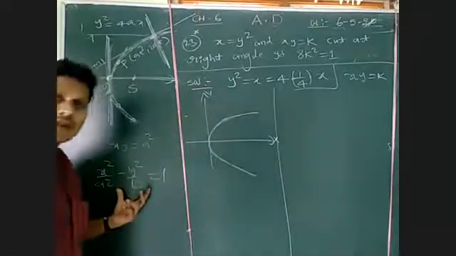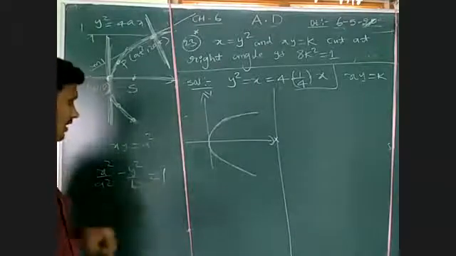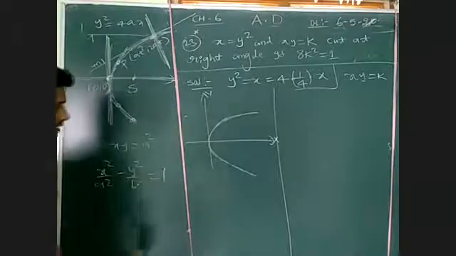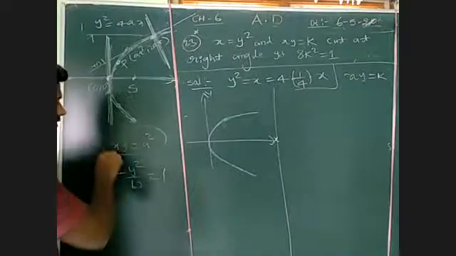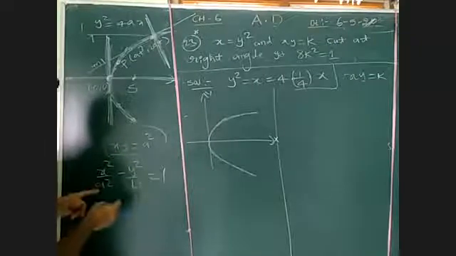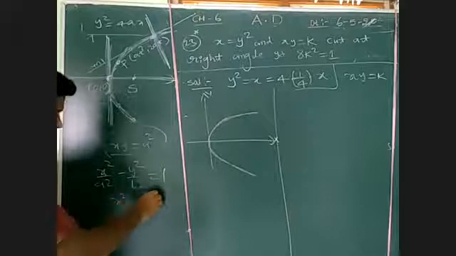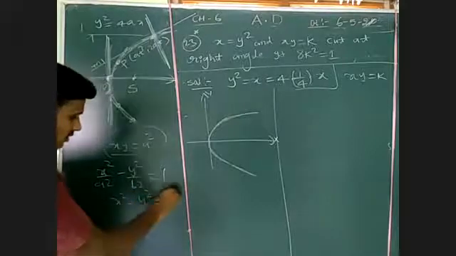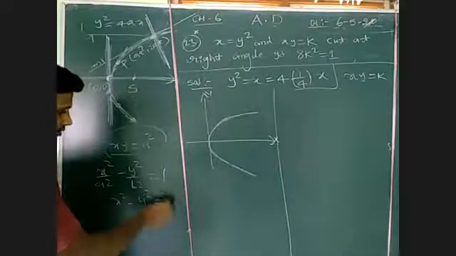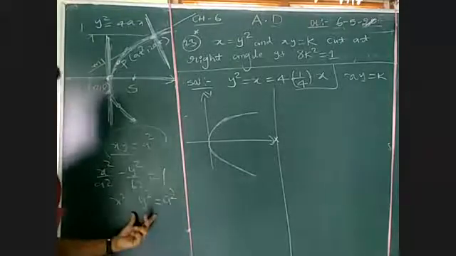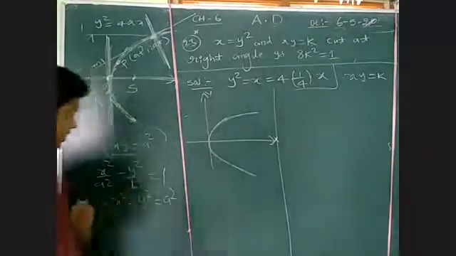This is called a hyperbola. The rectangular hyperbola is given by xy is equal to a square, and we can also write x square minus y square is equal to some a square. This is also a rectangular hyperbola. There are two rectangular hyperbolas.